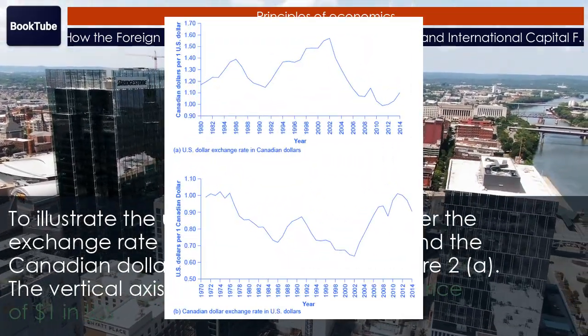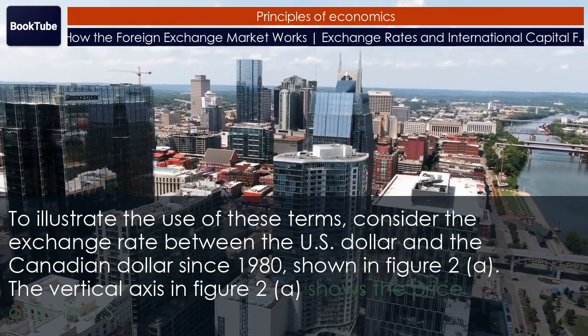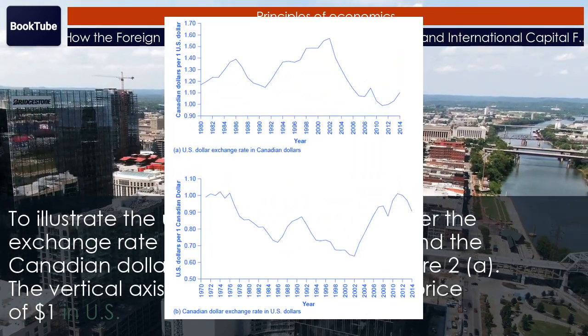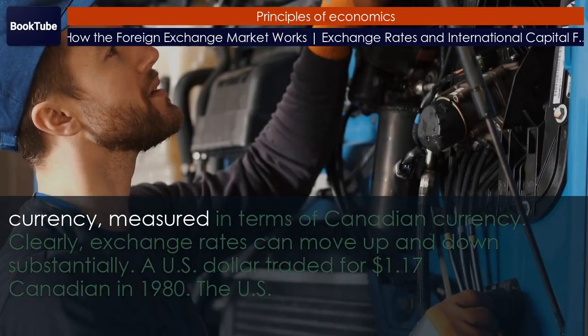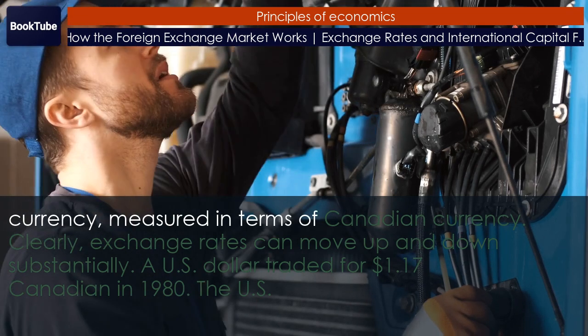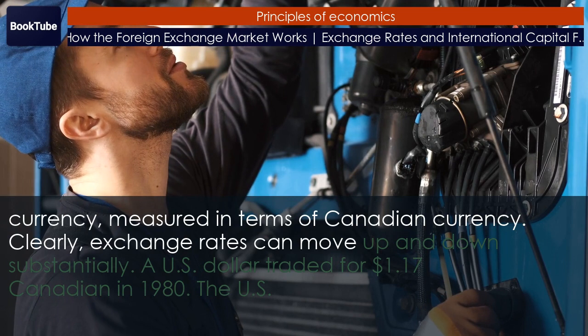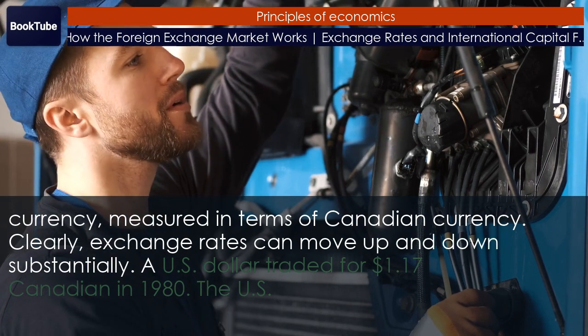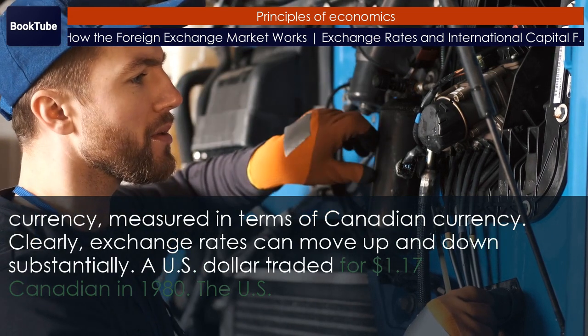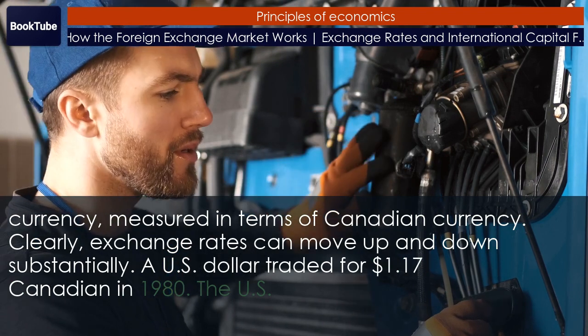The vertical axis in Figure 2a shows the price of $1 in US currency, measured in terms of Canadian currency. Clearly, exchange rates can move up and down substantially. A US dollar traded for $1.17 Canadian in 1980.